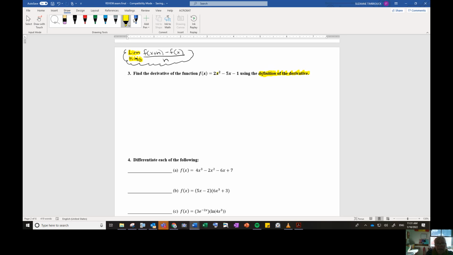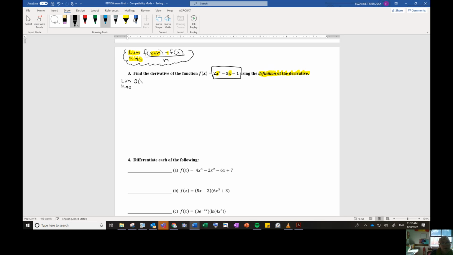Okay, biggest mistake kids make is they don't put the x plus h in for all the x's. You've got x here twice. Your function is a trinomial. So you're going to be doing a trinomial minus a trinomial. So you're going to write the limit as h approaches 0, and you're going to use this whole function, 3 parts, the trinomial, plugging x plus h in for each of the x's.